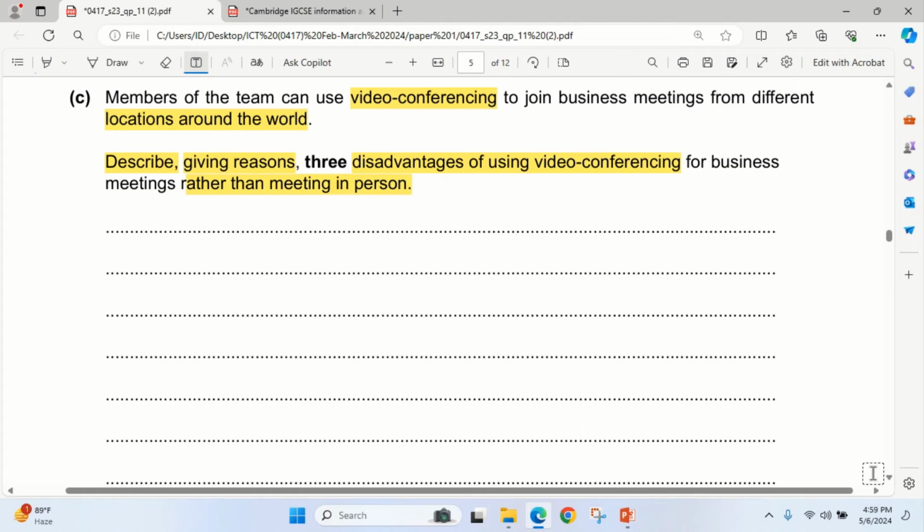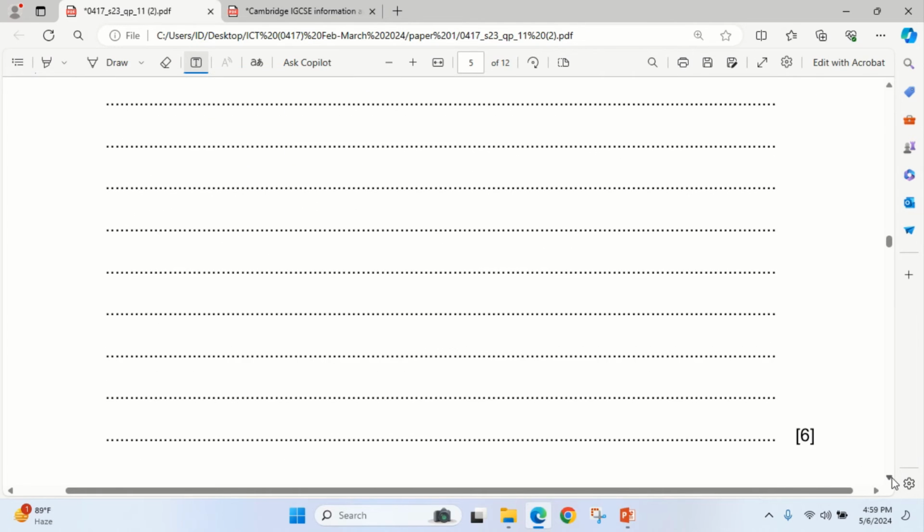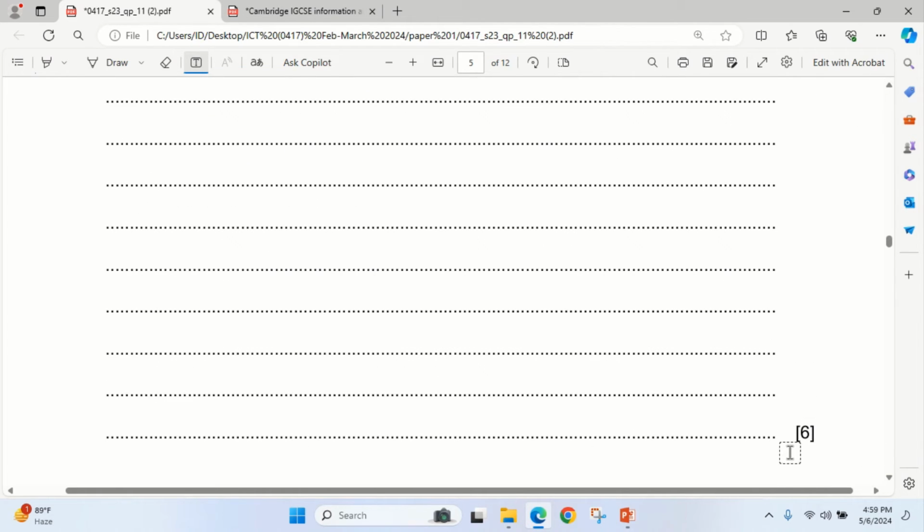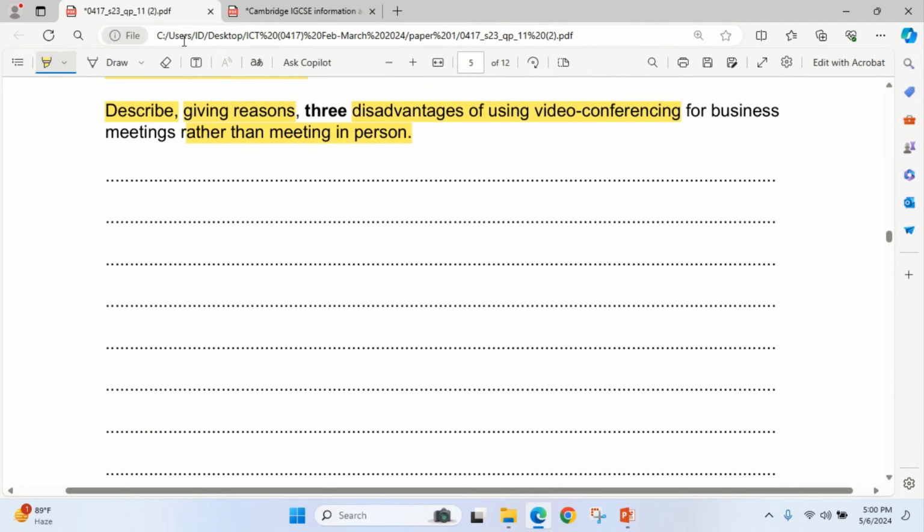And another thing you need to consider before attempting to answer the question is the mark allotted to it. This is a 6-mark question, so you need to take note of that to help you organize your point before you start writing. You are talking about 3 disadvantages, then you are given reasons. So mention the 3 disadvantages is 3 marks, given reasons are under 3 marks, then in total you have the 6 marks there.